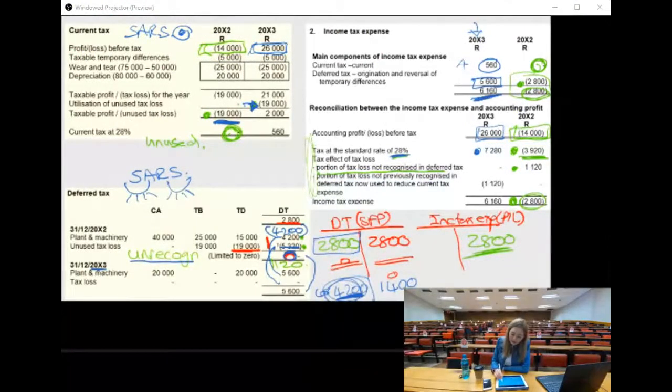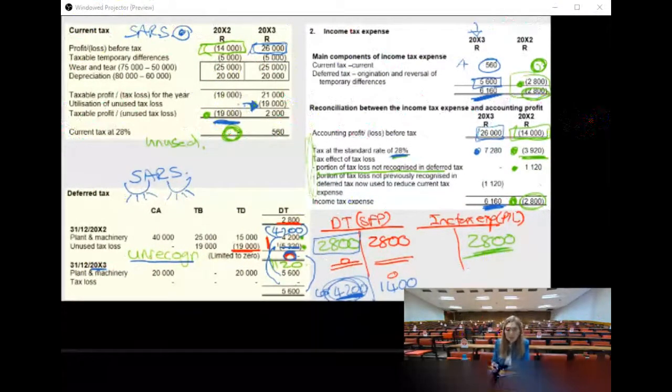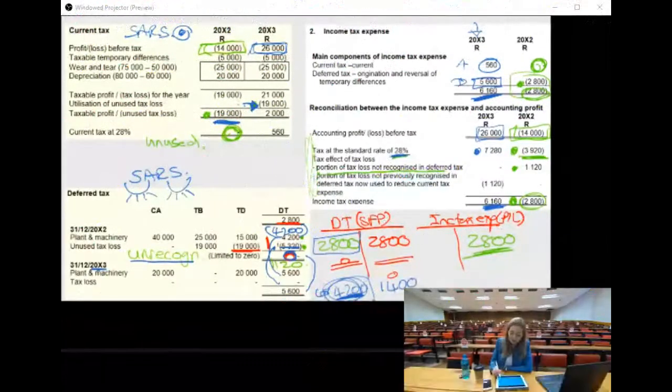That does not agree to my total in my current tax calc of income tax expense note of 6,160. And the reason for that is because of this movement of 5,600. That amount would have been bigger if my full tax loss was included in our opening balance of the next financial year.